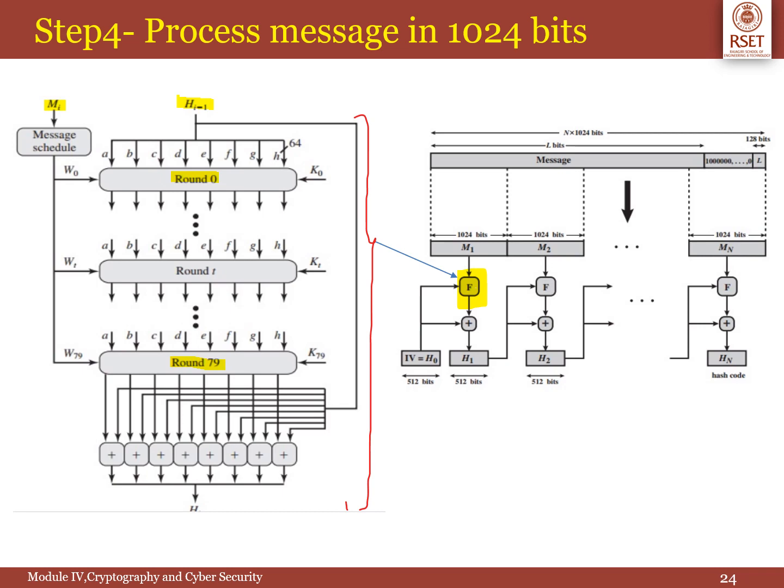Along with the input message, we have one more input for each round, which is marked as K0 to K79. Each round also makes use of the additive constant Kt, indexed from one of the 80 rounds.